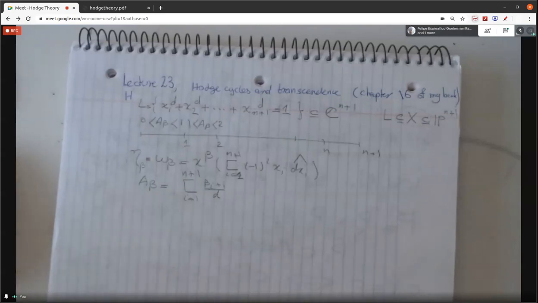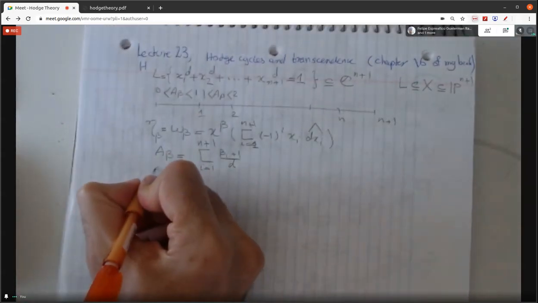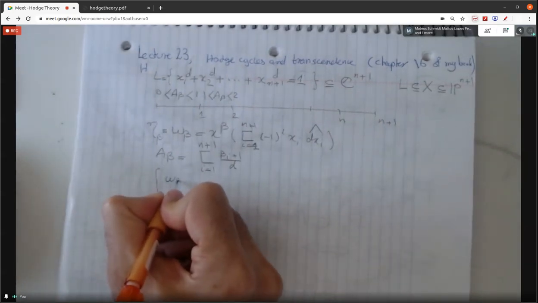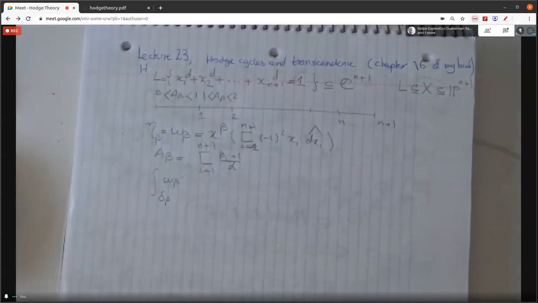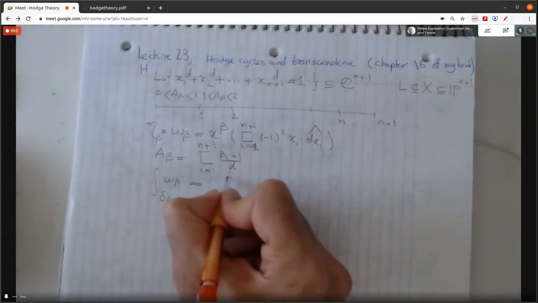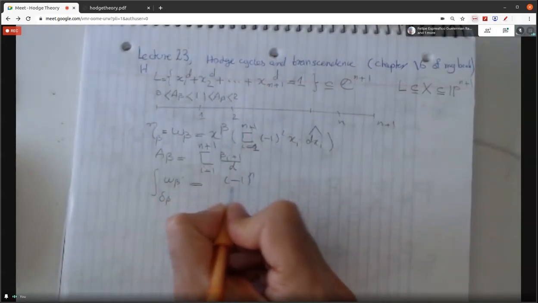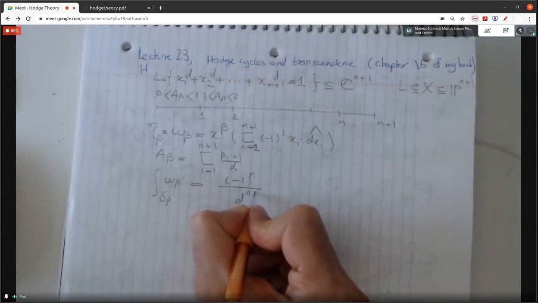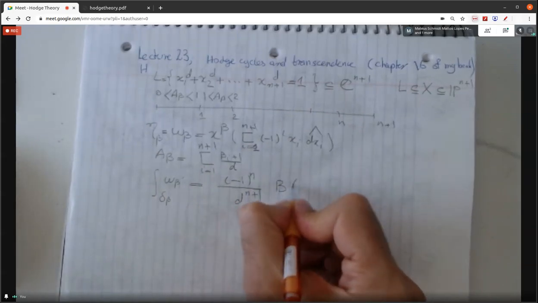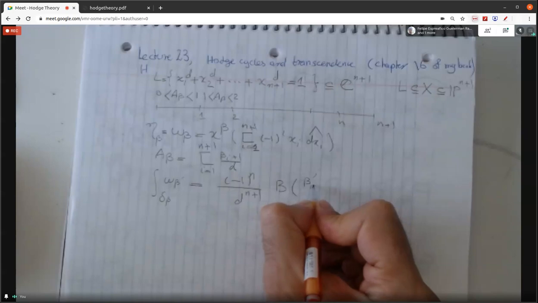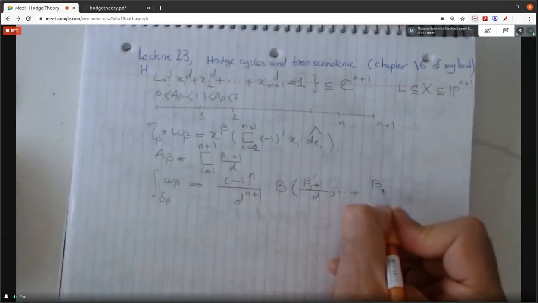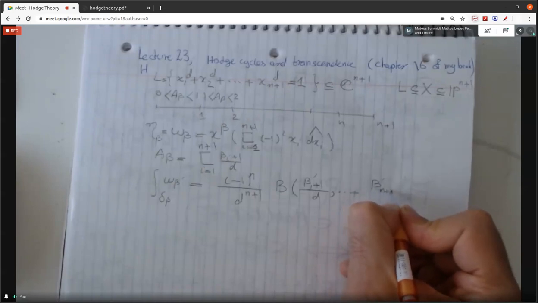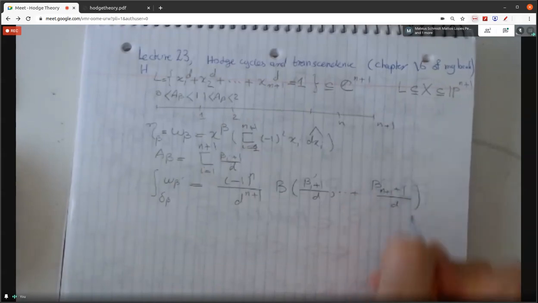And something else also, that omega beta prime integrated over our cycles delta beta. Maybe I write it in our context again, minus 1 to the n, d to the n plus 1, beta prime, n plus 1, plus 1 d.